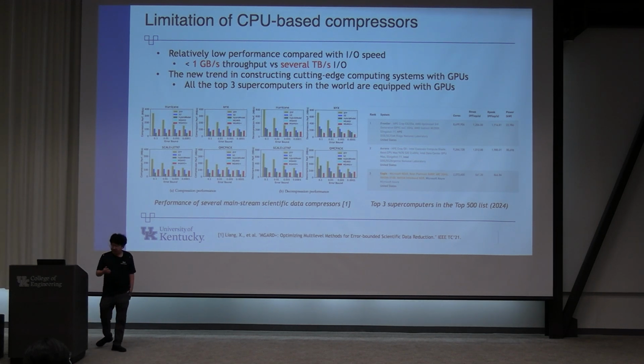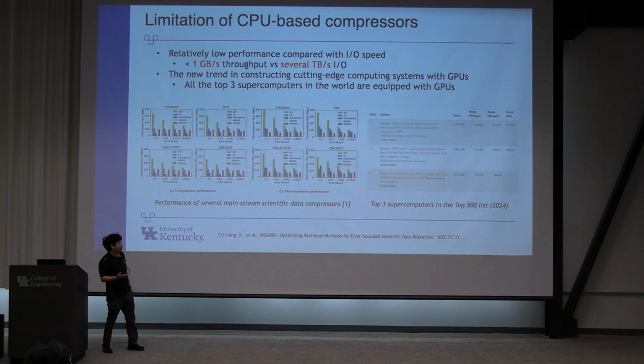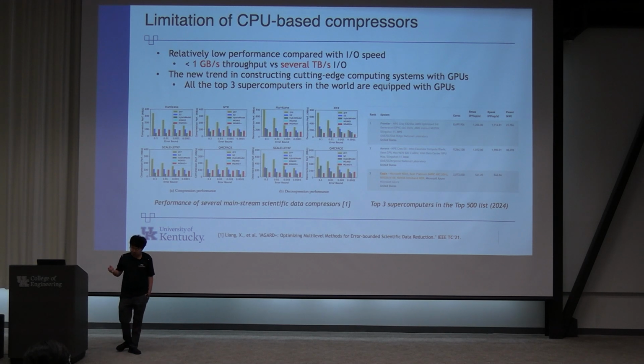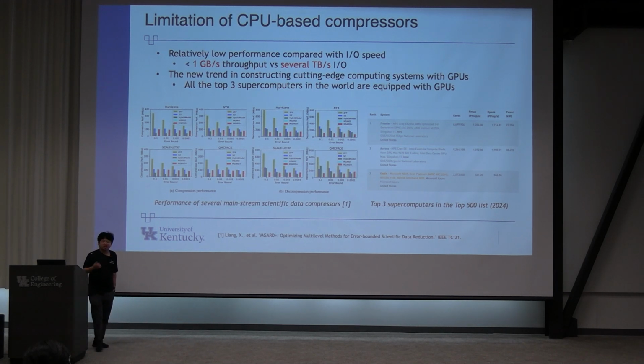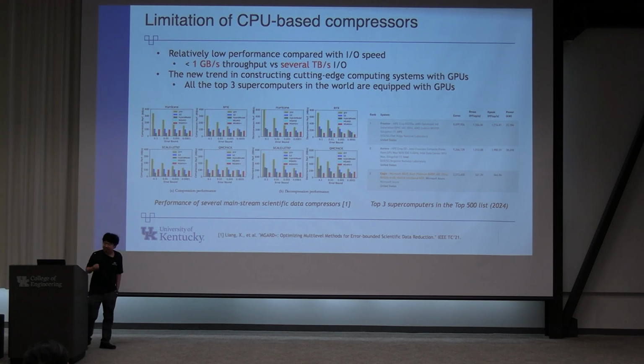As you can see, the fastest lossy compressor using a CPU core can reach up to 1 gigabyte per second throughput. This is much less than the several terabytes per second I/O speed in cutting-edge systems. As a result, you need to employ over thousands of CPU cores to catch up with the I/O performance, and in order to beat the I/O performance to get some real benefit, you even need more cores to achieve that.